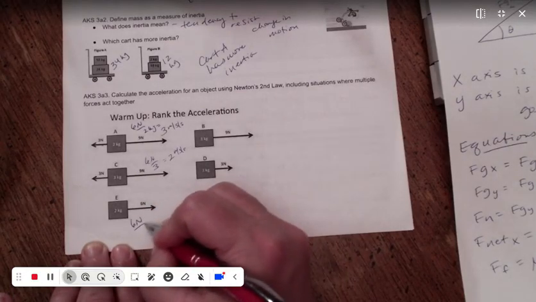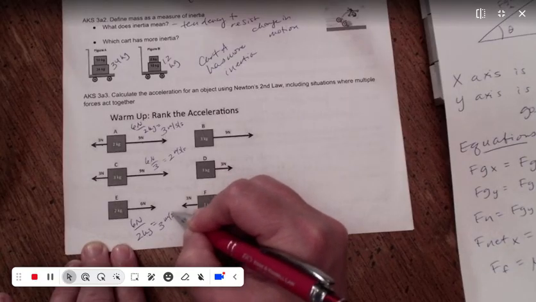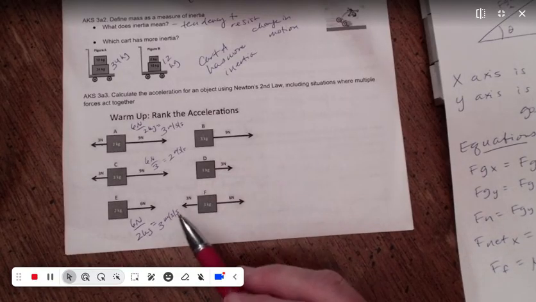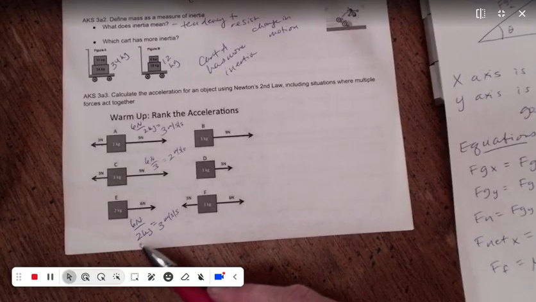This one, 6 newtons divided by 2, again is 3 meters per second. So I'm just taking the net force, whatever that vector sum is, and dividing by mass.